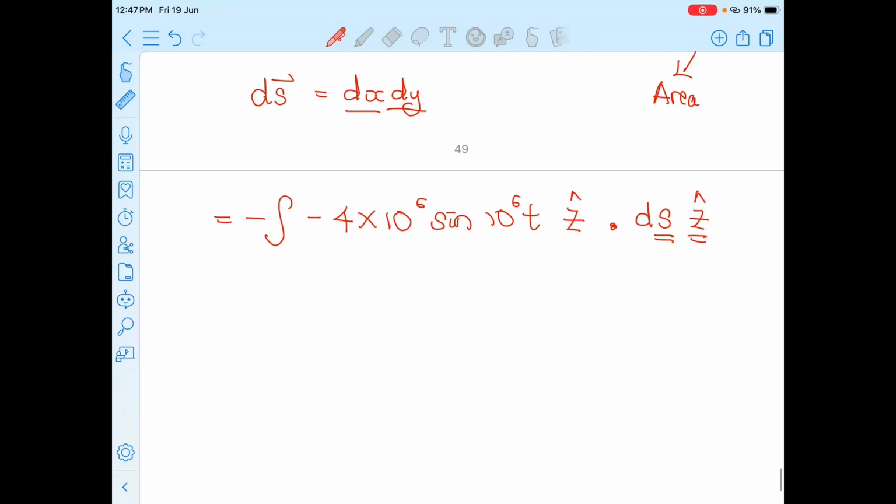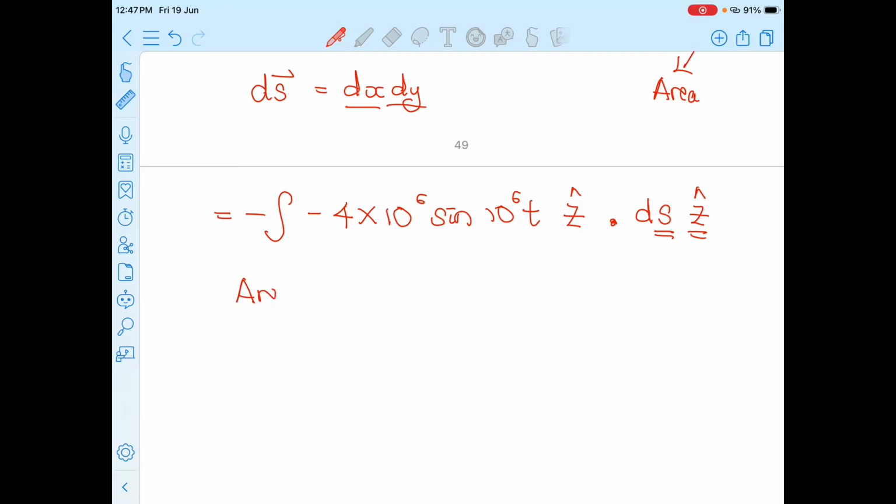It is 6 cm times 8 cm. Remember you have to convert it into meters. So it is 0.06 times 0.08, which equals 4.8 times 10 power negative 3.